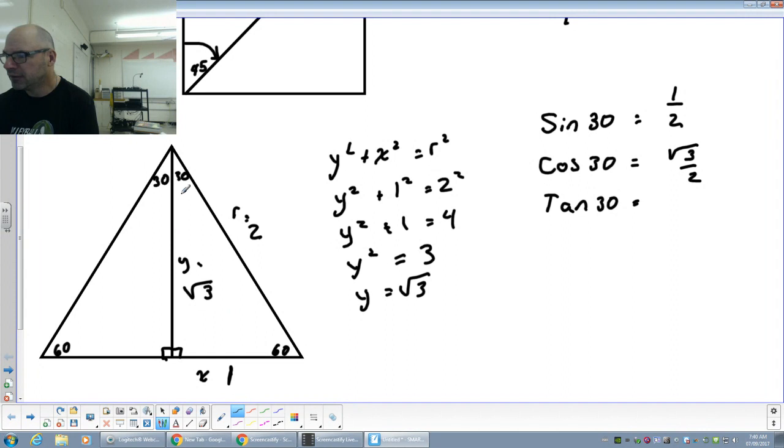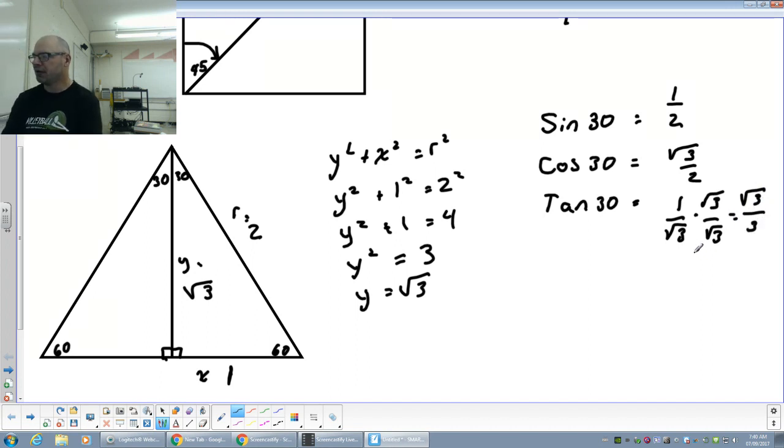And tangent is opposite over adjacent, 1 over root 3. So that one we have to rationalize. So if we multiply by root 3 over root 3, we get root 3 over 3. So that's the sine and cosine and tangent of 30 degrees.